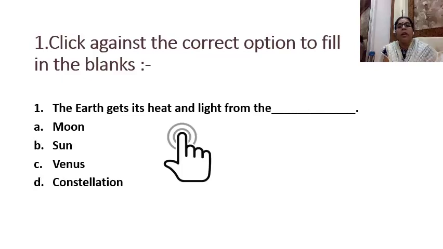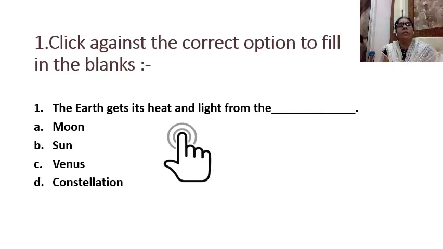Keep your mind calm and cool, and don't get too excited after seeing the questions. Don't rush. Don't be in a hurry to solve the paper because you may make mistakes. You will have a lot of time in your hand. Your exam will be for 1 hour, so you can solve your paper slowly and correctly.